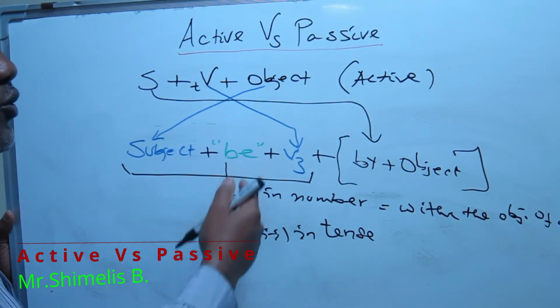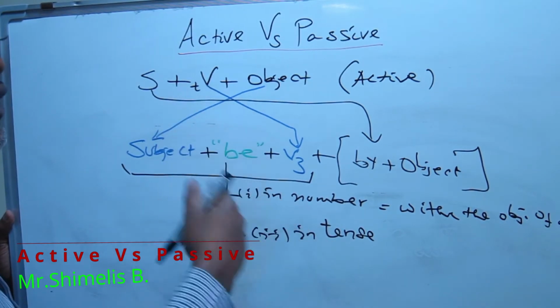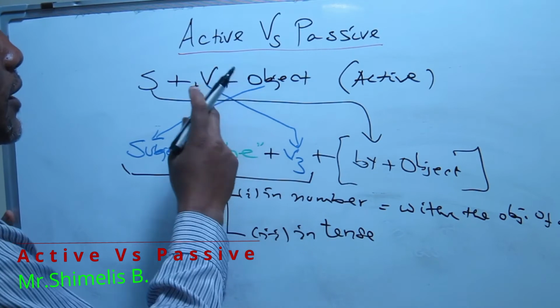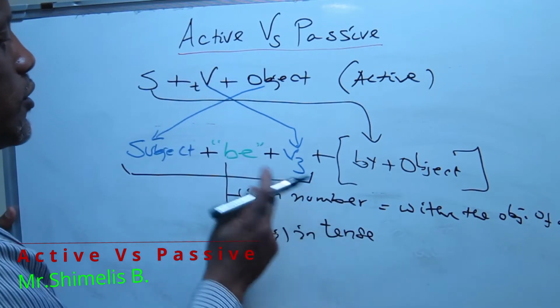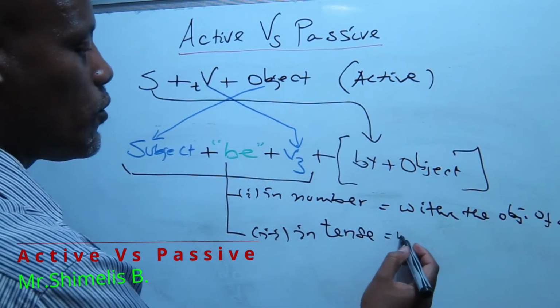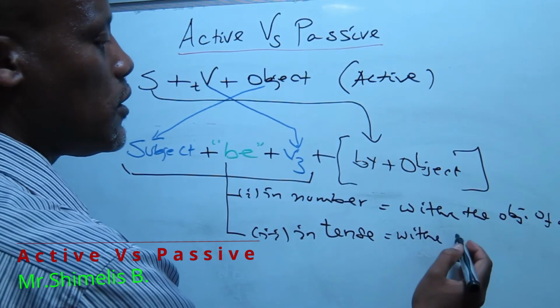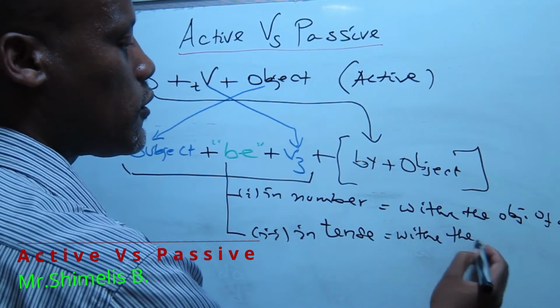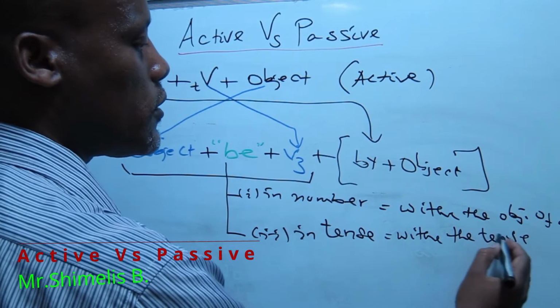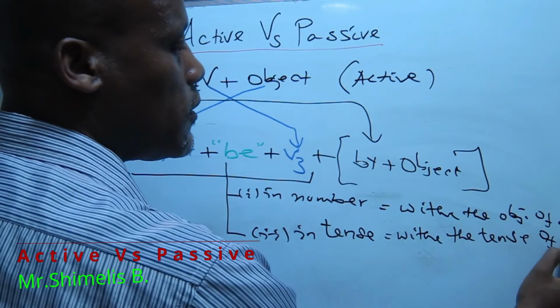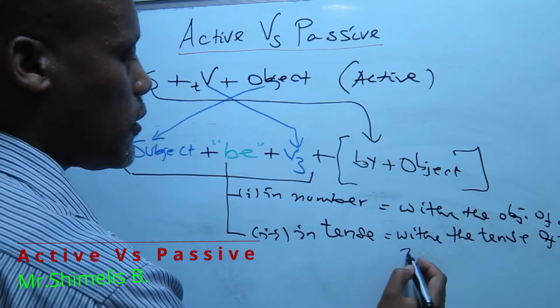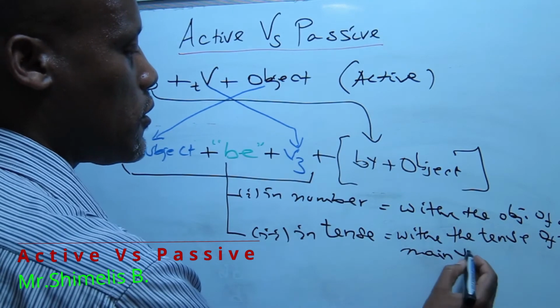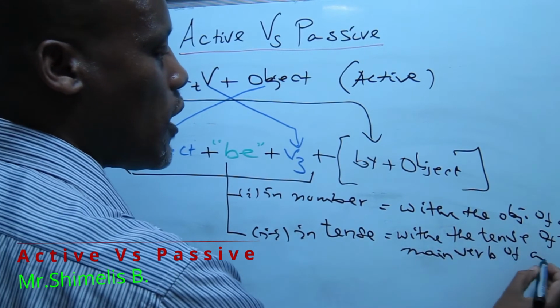So the verb to be agrees in tense with the tense of the main verb of the active sentence.